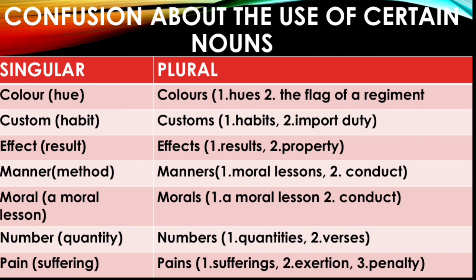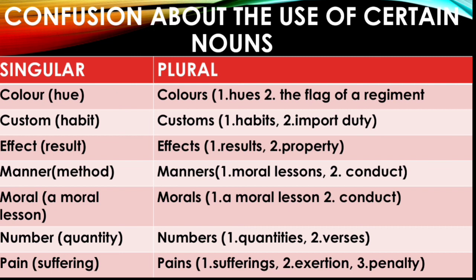Custom, habit, when it is singular; customs, habits, and also import duty. Effect, result; but when it is plural, effects, results, and property. Manner, method; manners, moral lessons. Second meaning is conduct.